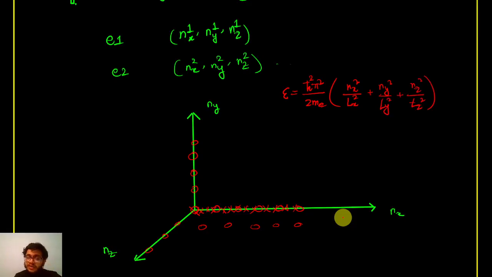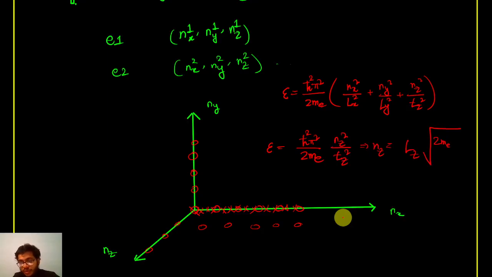So if nx and ny are 0, I want to see how far nz can go. Then epsilon equals h bar square pi square by 2me times nz square by lz square. So nz becomes lz into the root of 2me epsilon by h bar square pi square.